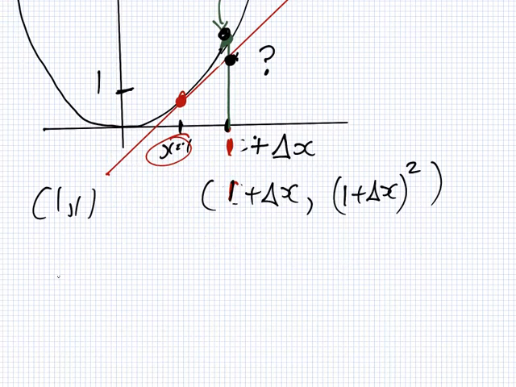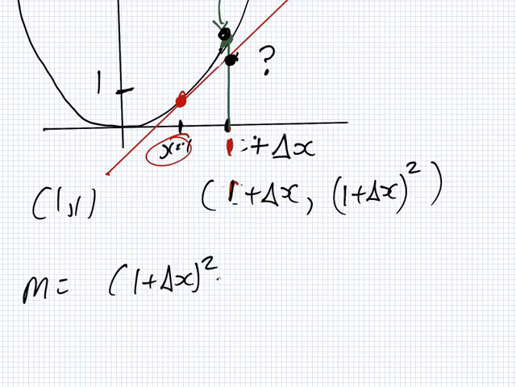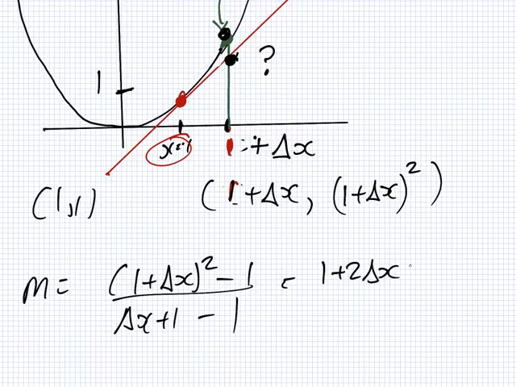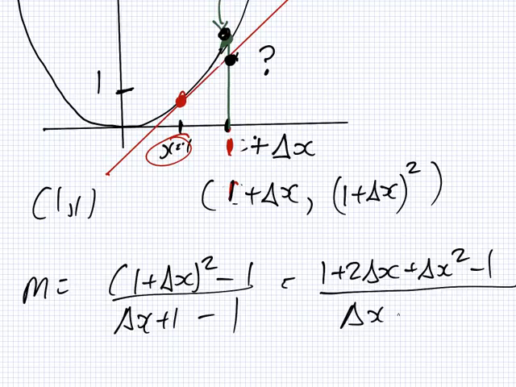So let's calculate the slope. We know it'll be y2 minus y1 over x2 minus x1. So this will be 1 plus 2 delta x plus delta x squared minus 1, over 1 plus delta x minus 1.